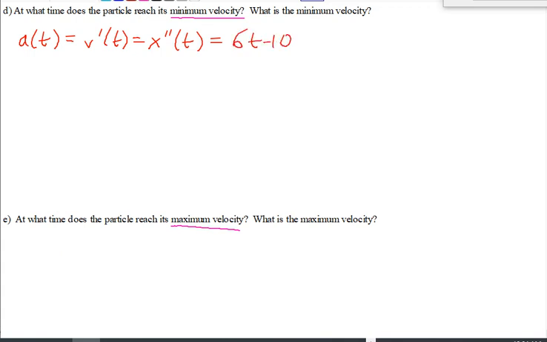And you set that equal to 0. Here you can either factor out a 2 and be left with 3t minus 5, or you can add the 10 and divide by 6. Either way, you end up with just one critical number of 5/3.